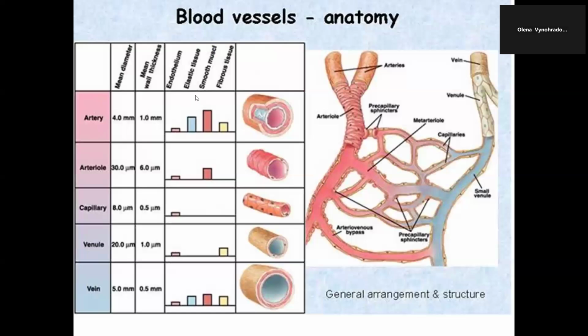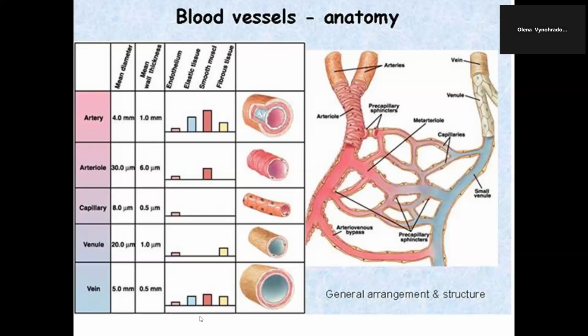Let's look, here is a nice scheme where we have a description of the different components of the wall of our vessels. Here you can see that everywhere we have endothelial cells. Artery has a high component of elastic tissue. Arteries and arterioles have a high component of smooth muscles and fibrous tissue.